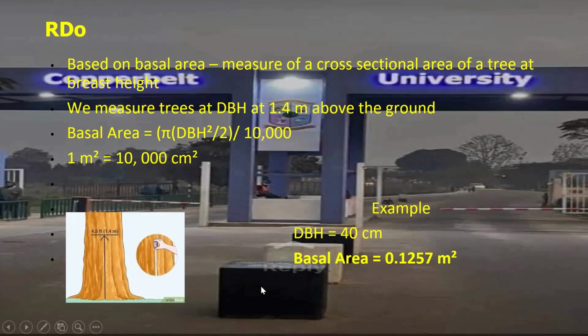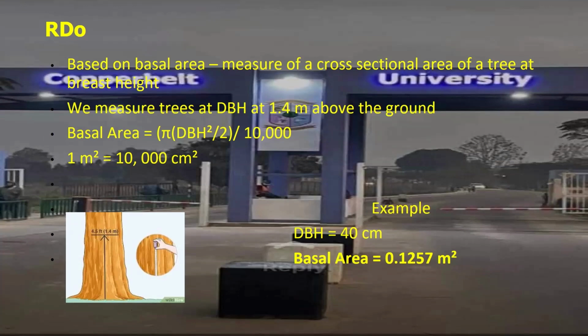Breast height is a distance from the ground of about 1.4 meters. So if you were to stand, at an average height for a person, it is just here where your chest starts, where your breasts start, in other words.